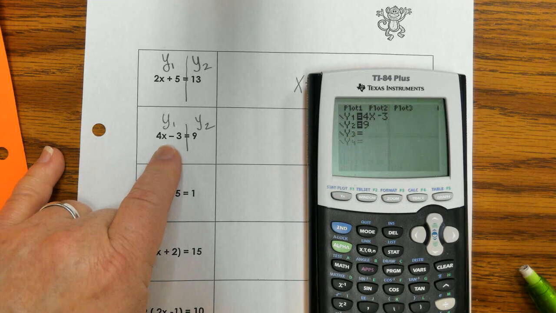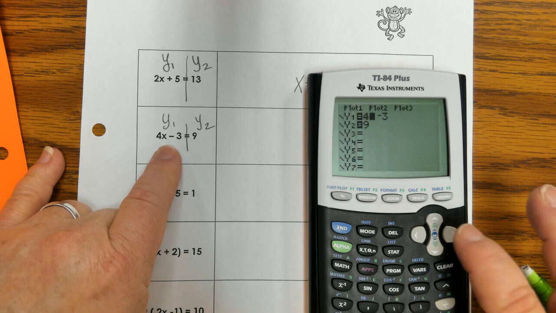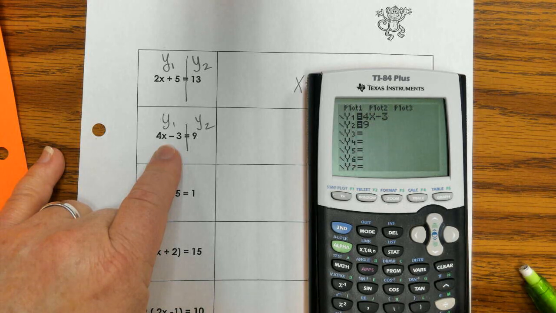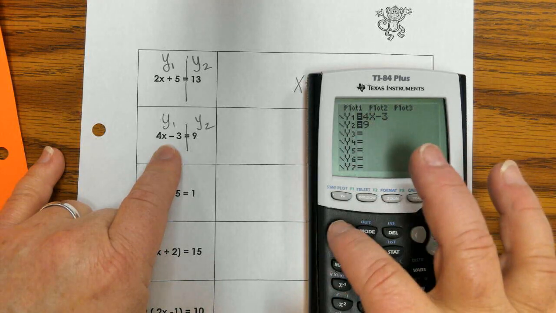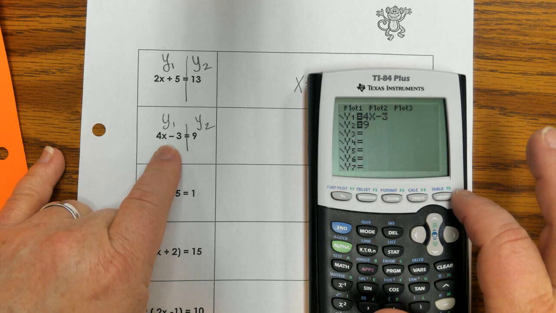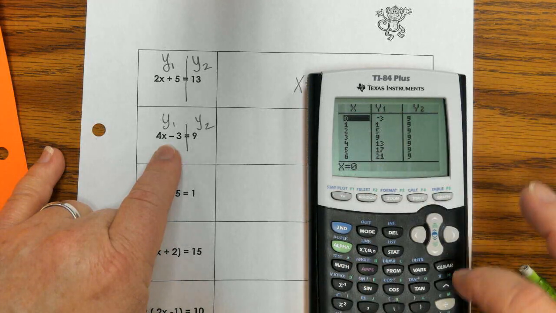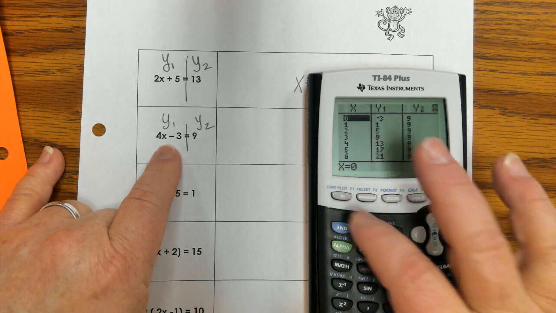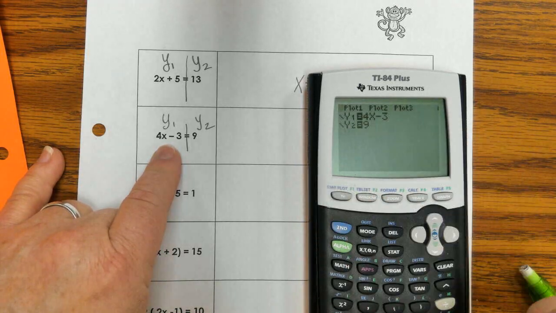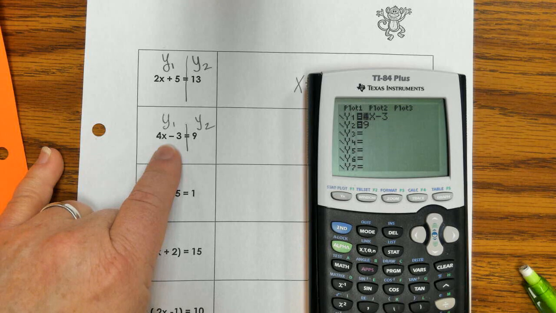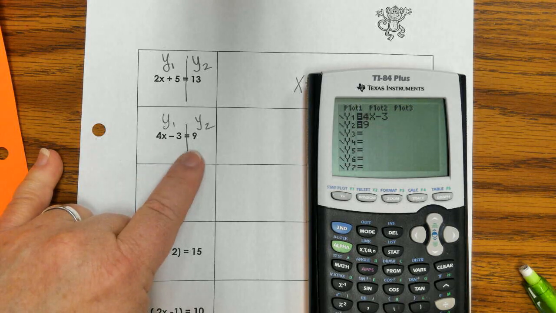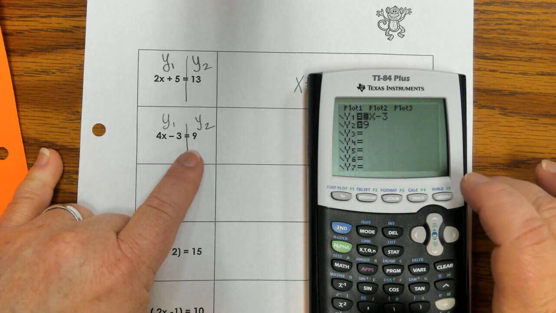I think that might be the wrong answer. So let's go here and do it correctly and put subtract 3. Hit second graph. Oh, no. Sorry. Now I'm getting myself confused. Second and quit. Hit y equals, here's my equation, 4x subtract 3 and 9. So let's hit graph.